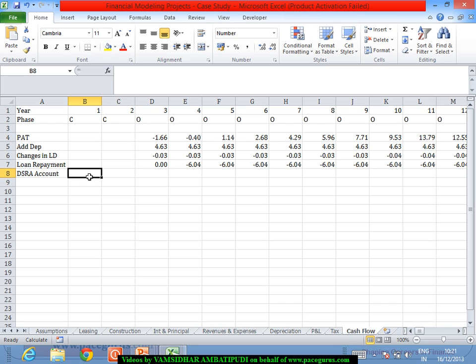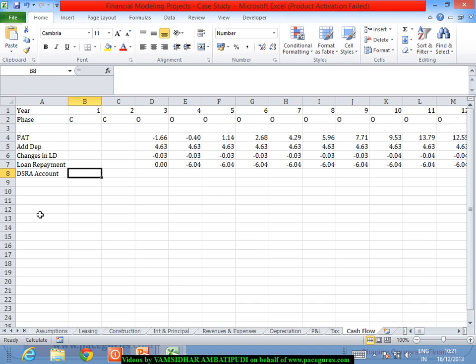Now, the DSRA account. The first thing I need to know is, what is the total loan repayment that is required for each of the years. It could be interest plus principal. What is the repayment amount that is required for each of the years?